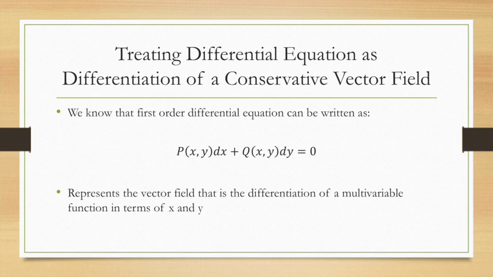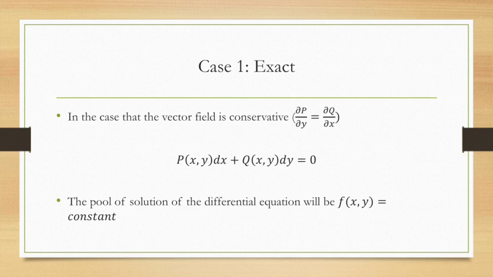Treating a differential equation as the differentiation of a conservative vector field. We know that a first order differential equation written as p of x,y dx plus q of x,y dy equal to 0 represents the vector field that is the differentiation of a multivariable function in terms of x and y. In this case, it's possible for us to have two cases.